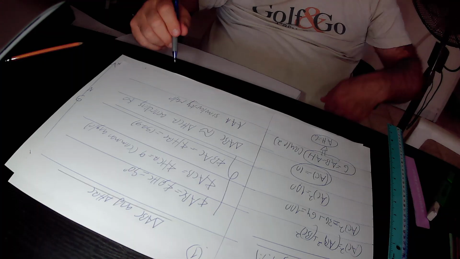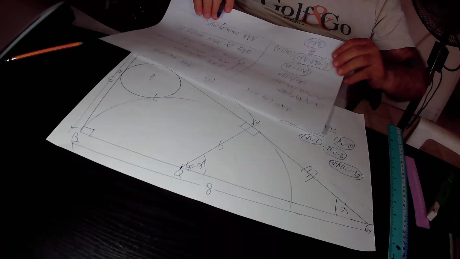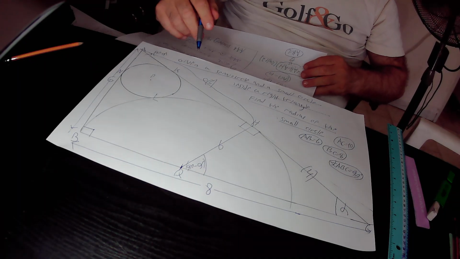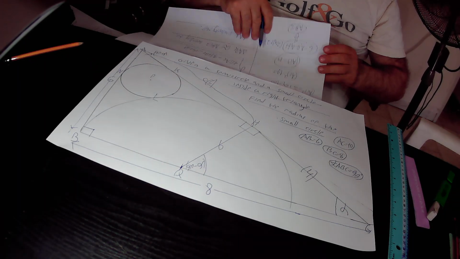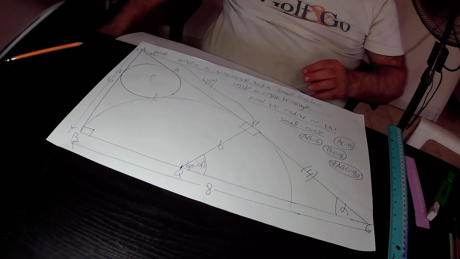And from the fact that the big right triangle ABC is similar to the small right triangle HCQ, we will derive that the following relationship exists between their sides.